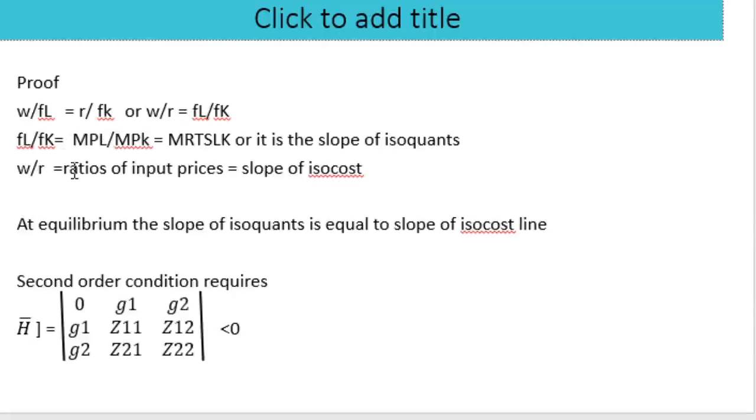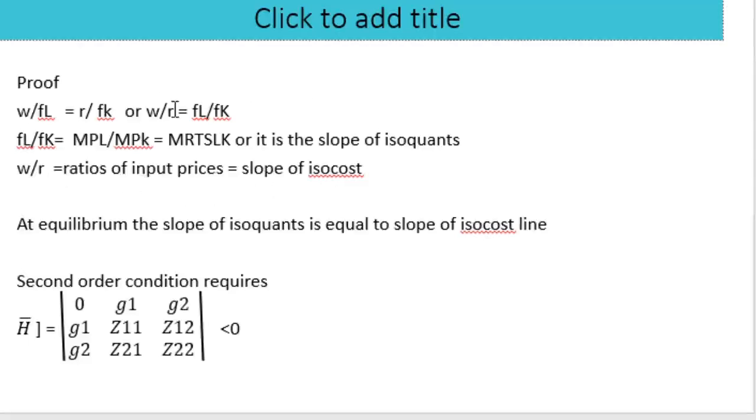Here FL by FK is nothing but the marginal product of labor divided by the marginal product of capital. This is the marginal rate of technical substitution of labor for capital. It is the slope of isoquant. And W by R is the ratio of input prices, that is the slope of the cost line.